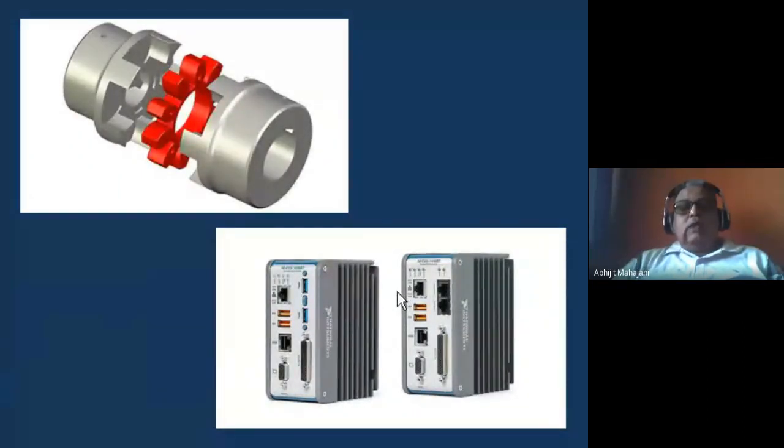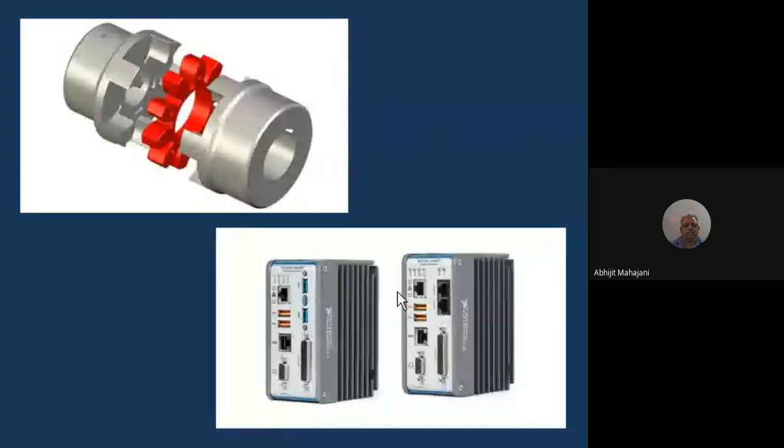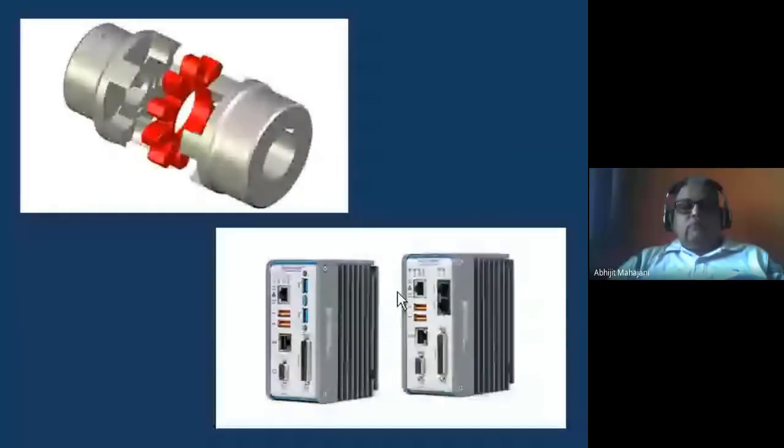So what is an edge node? Edge node is basically for devices which cannot talk to each other because the protocols are different. People have developed something called an edge node device. Now you'll find that this edge node device has multiple RJ45 ports here.